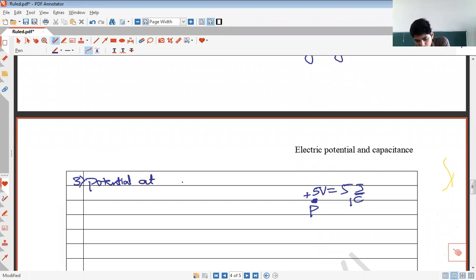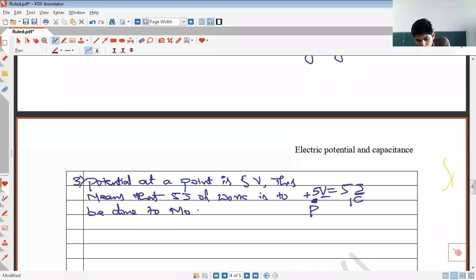So potential at a point is 5 volts. This means that 5 joules of work is to be done to move 1 coulomb of charge from infinity.